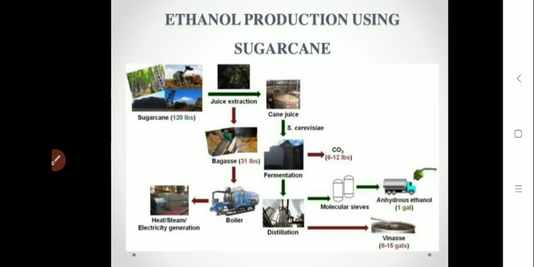After the distillation process, we may carry out molecular sieve filtration, and this anhydrous ethanol as well as distilled alcohol is used for wineries and other industries. The remaining waste material, which is known as bagasse, is used in various boilers for heat, steam, and electricity generation.